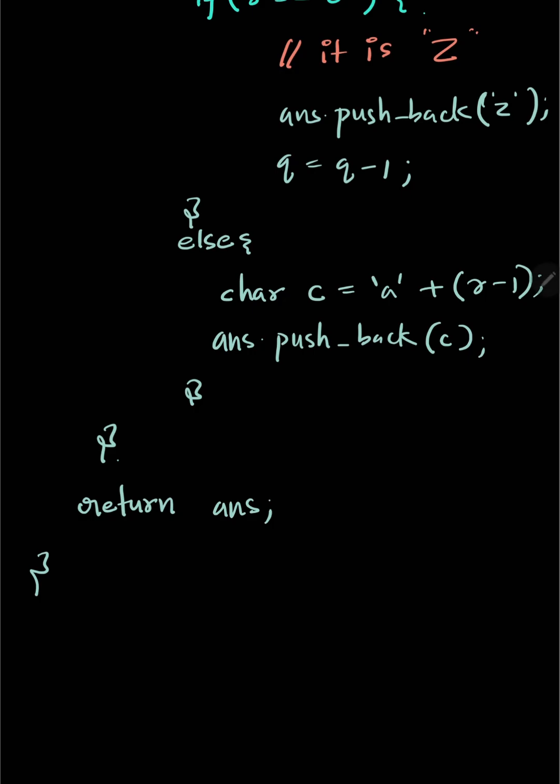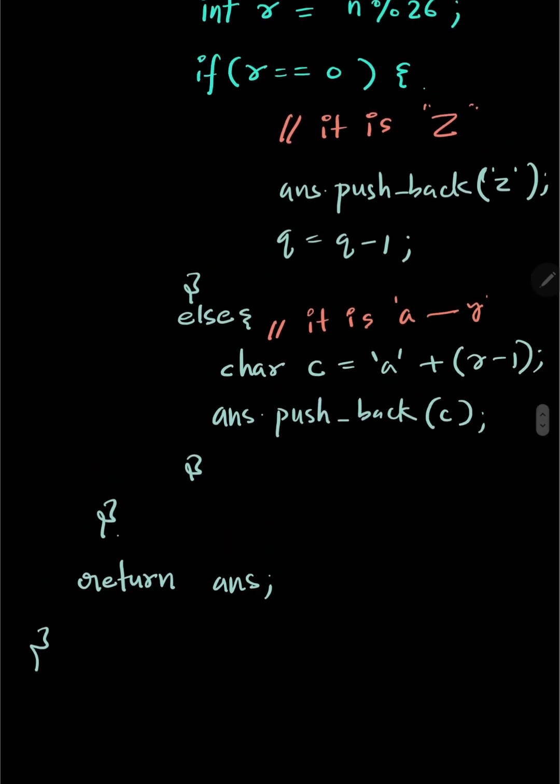Here, if this is the else case, it means it is A to Y. So now we have to calculate the character. Basically A, let's say it is 1. Now the remainder: if it is 0, then it is this case, but if it's not 0, then it is this case.